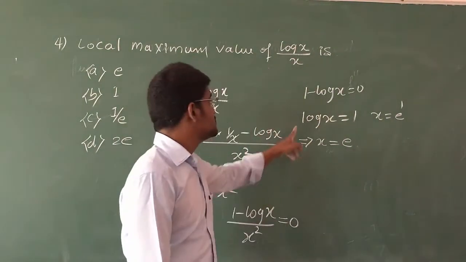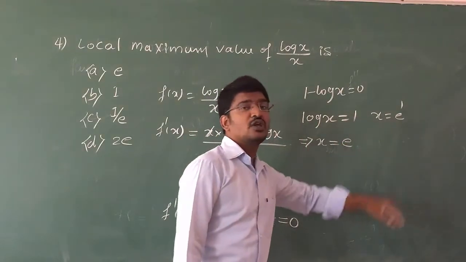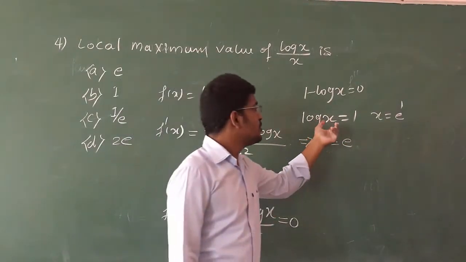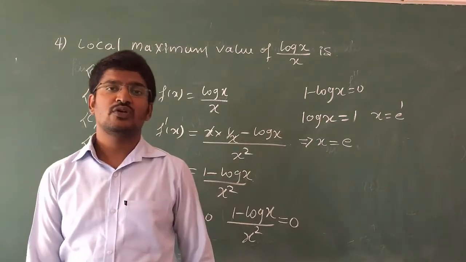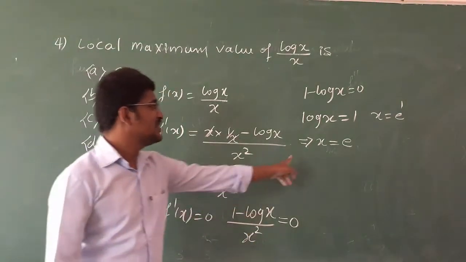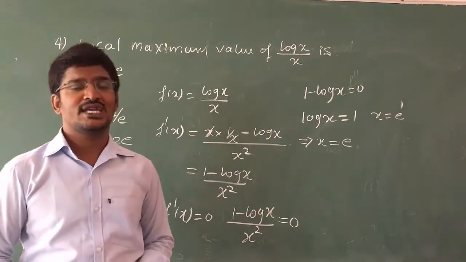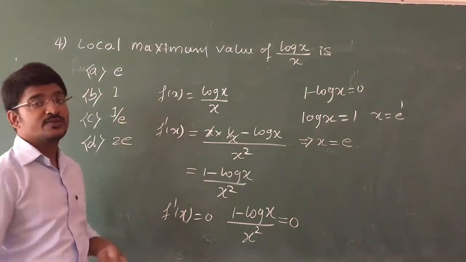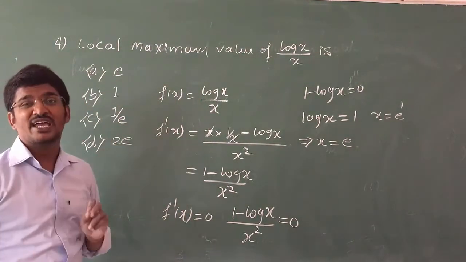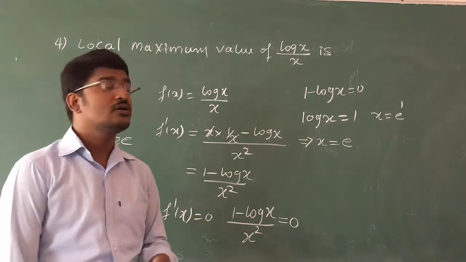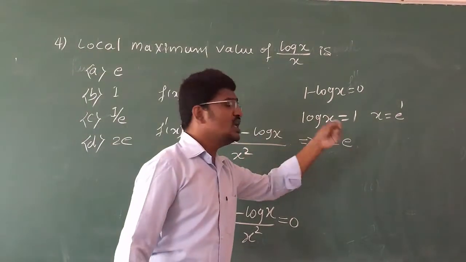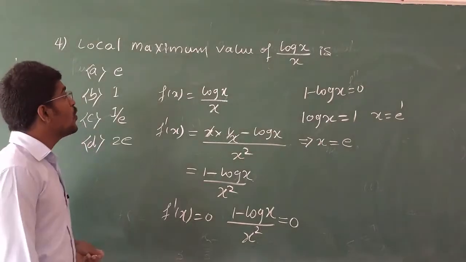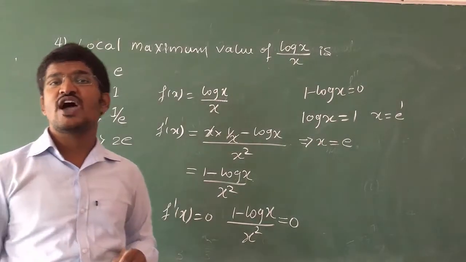So x equal to e is what you get. That means you have only one root, so that must be the local maximum. That's why they have asked only for the maximum, not the minimum. So x equal to e gives you the local maximum value.